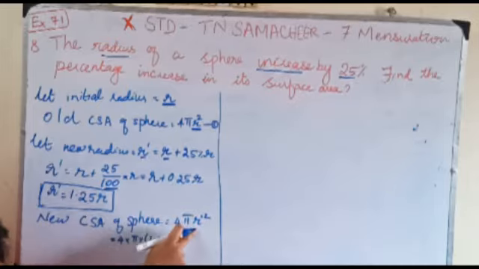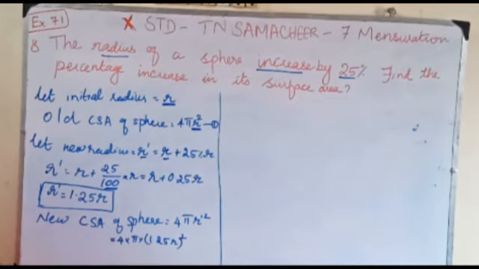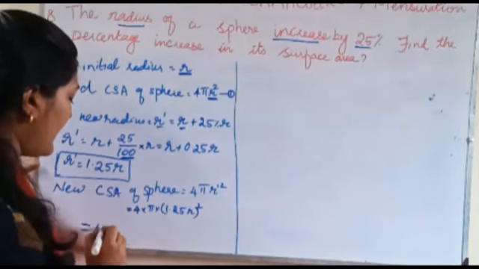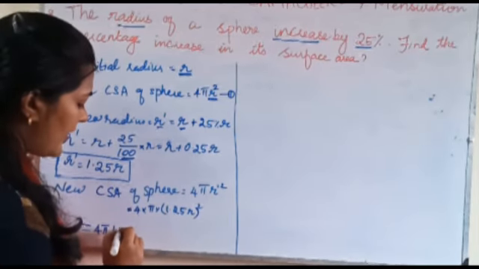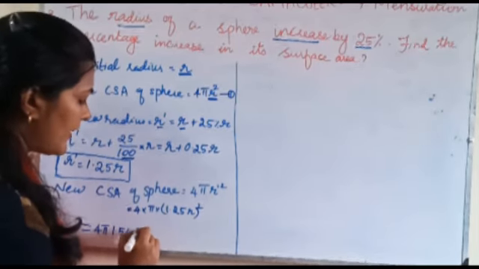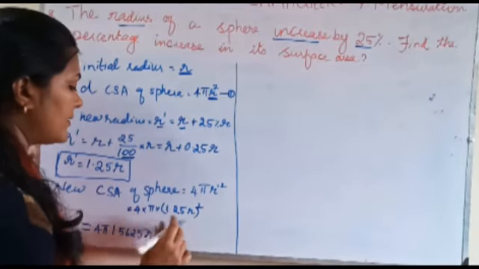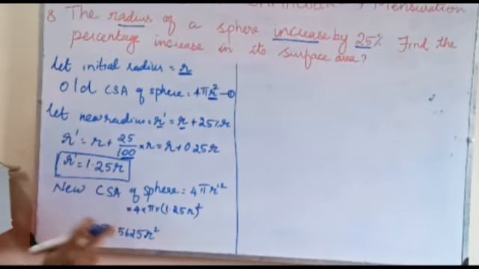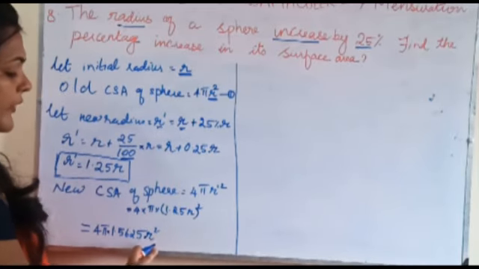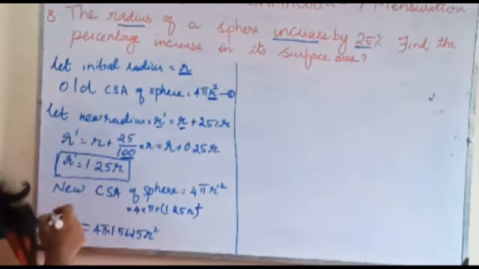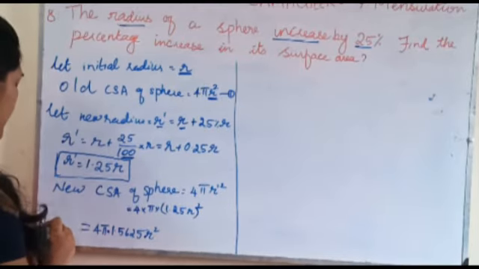So instead of r dash you should put 1.25 r. 4 pi into 1.25 square is 1.5625 into r square. Multiply 1.25 two times. 4 pi into 1.5625 r square is our new curved surface area.